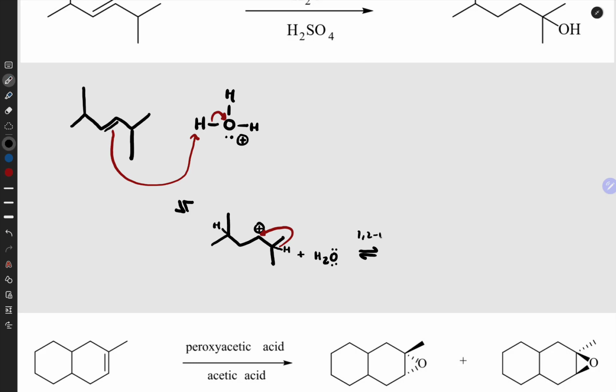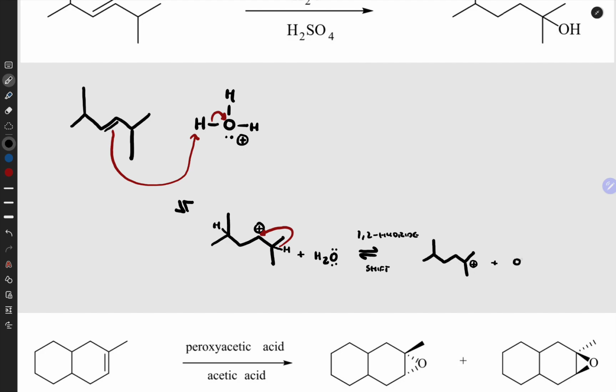So this is going to be a 1,2 hydride shift. This 1,2 hydride shift gives us a carbocation on the tertiary carbon position. And the rest of it is satisfied at that point.